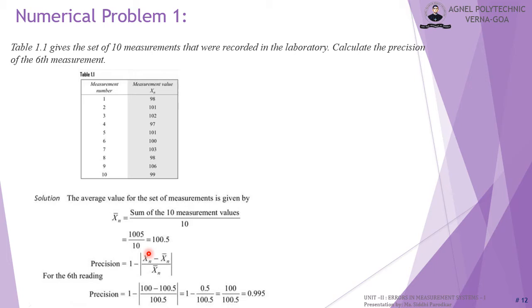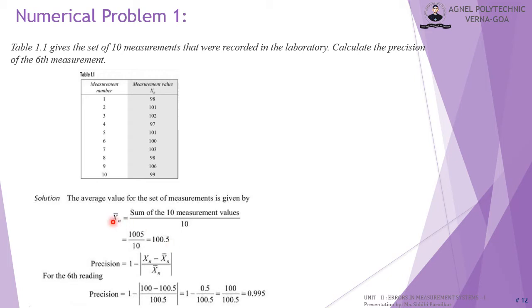Here we have to find the precision for the sixth measurement, so xn will be equal to 100 and xn bar is the average value for the set of measurements. To find the average value, we use the formula xn bar is equal to the sum of all the readings upon the number of measurements. That is, the sum of the 10 measurements is 1005 divided by the total number of measurements, that is 10. The answer is 100.5.